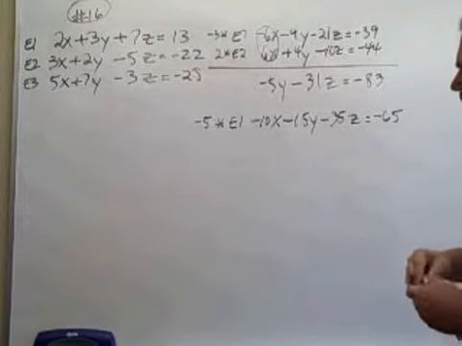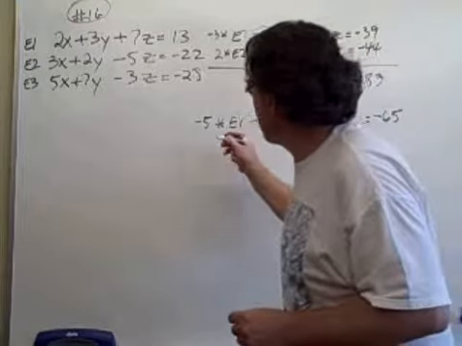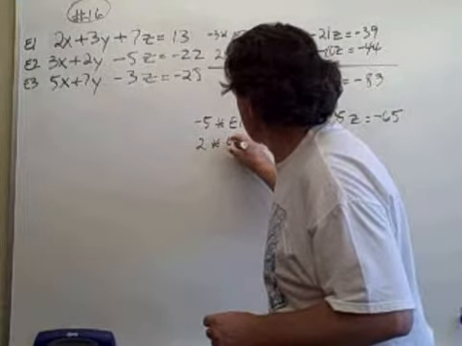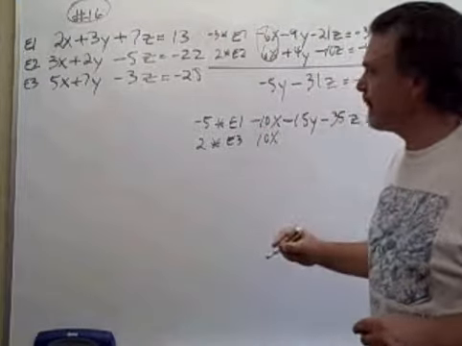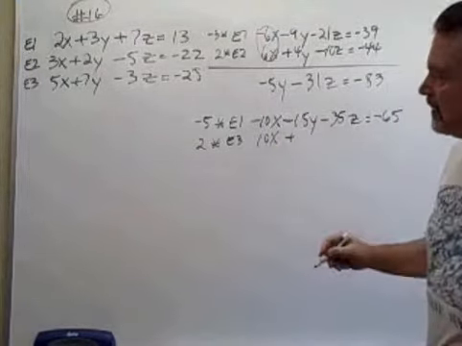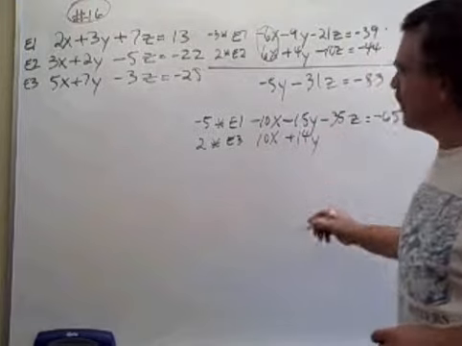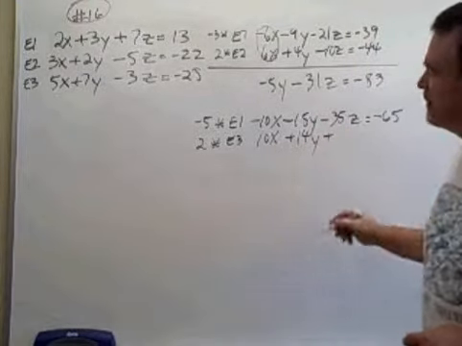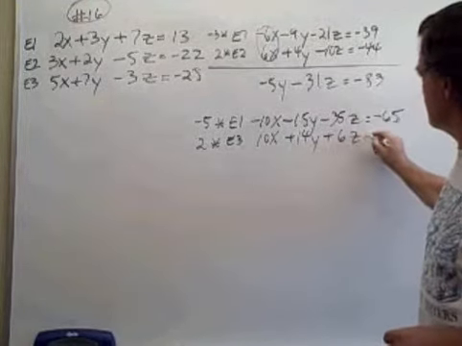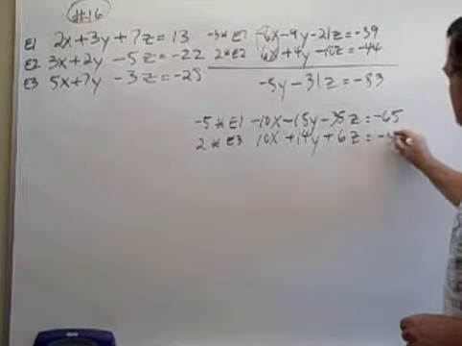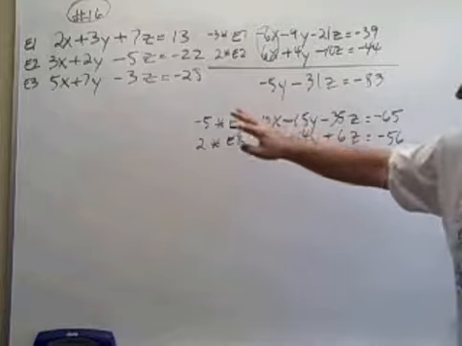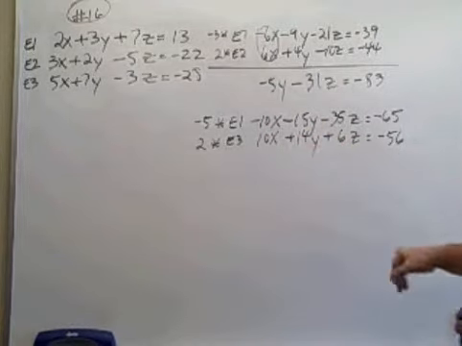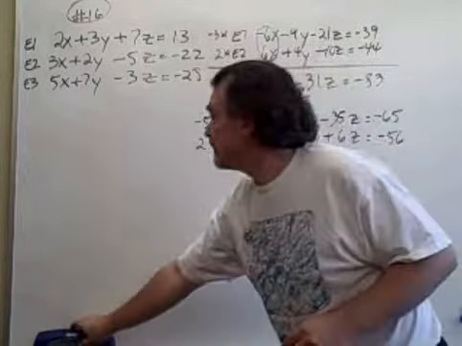Those all became negative. Now let's take equation 3 and multiply every term by 2. That'll be 10x plus 2 times 7 is 14y plus 6z equals -56. 2 times 5 was 10, 2 times 7 was 14. Whoops, almost made a mistake there.